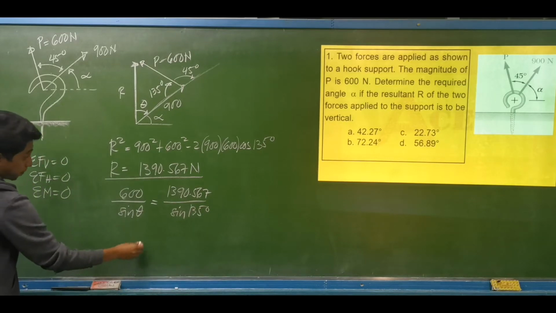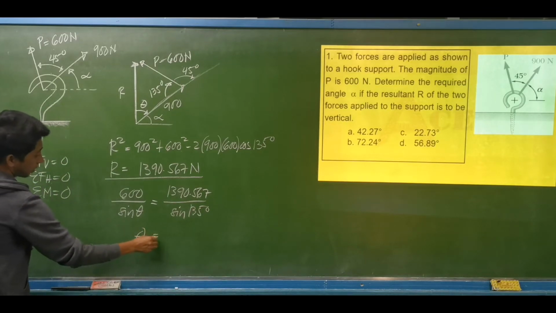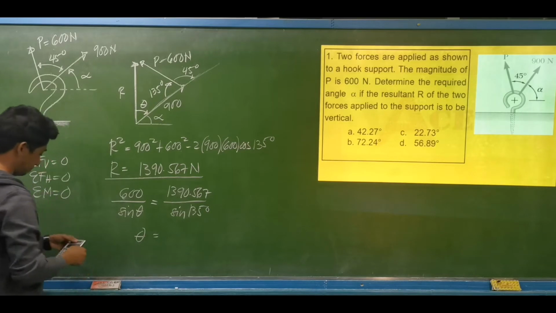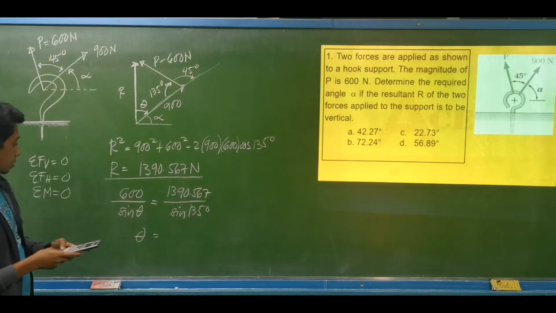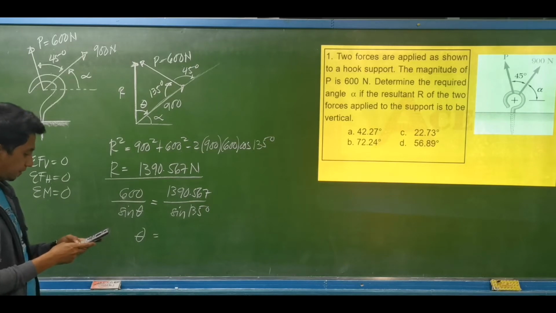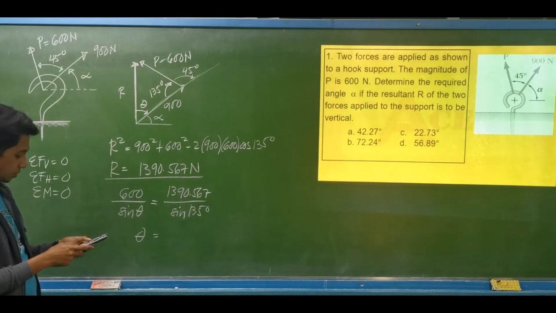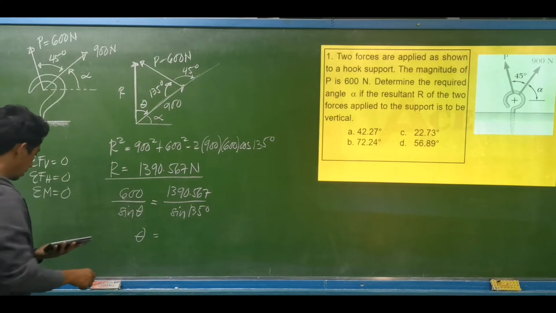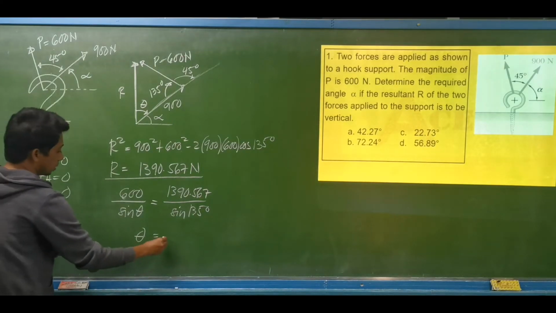So let us compute for the value of theta. This is the same as 600 sine of 135 divided by 1390.567. Then shift sine.